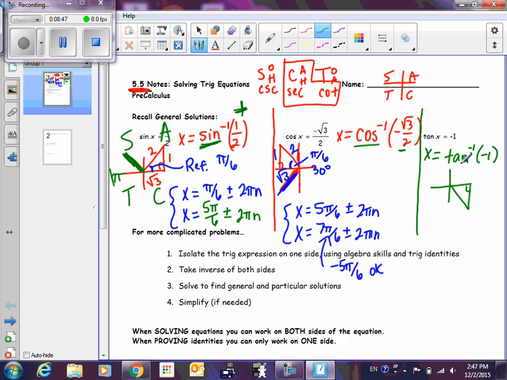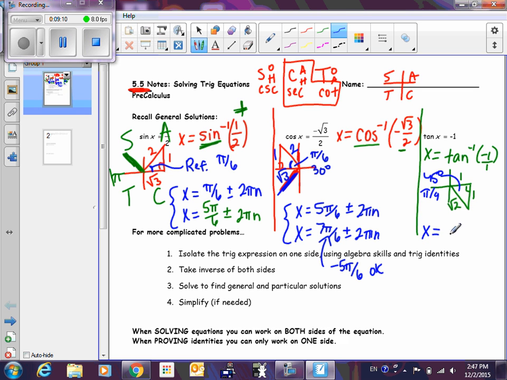Okay, ratio for tangent is opposite over adjacent. So if I put that little 1 over a 1, I can go opposite is 1, adjacent is 1. And what does that mean the hypotenuse is? Square root 2. And what type of triangle is this one? 45, 45, 90. So that's 45 degrees, which is pi over 4, but it's in the fourth quadrant.